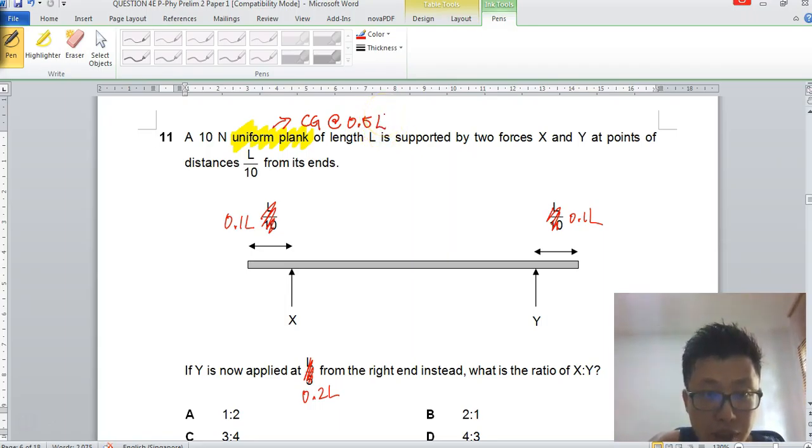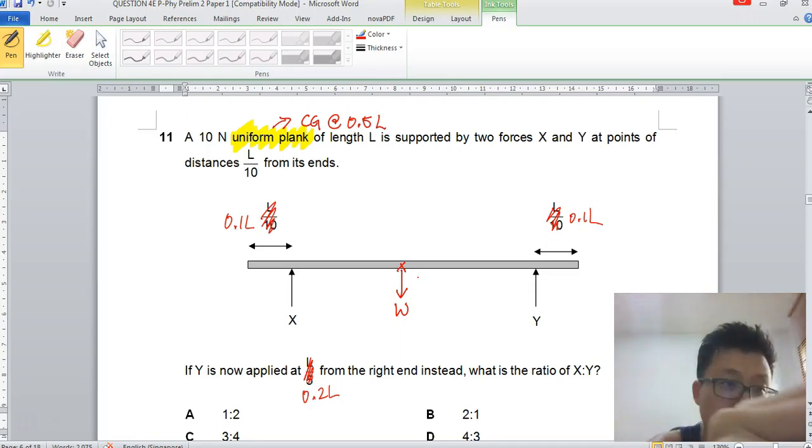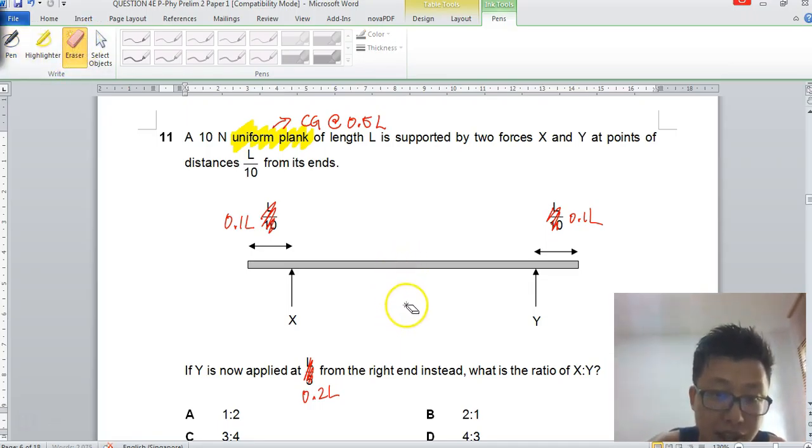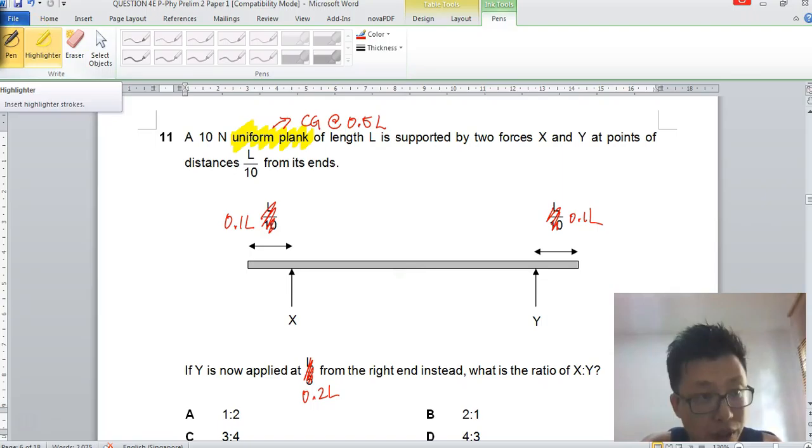Because it mentioned uniform plane, we cannot ignore that this plane has weight. So you know that there will be one more force down here, and because of this force, you are going to complicate your calculation. So how do we not include this weight component in our calculation? We can decide to take moment about the center of gravity.